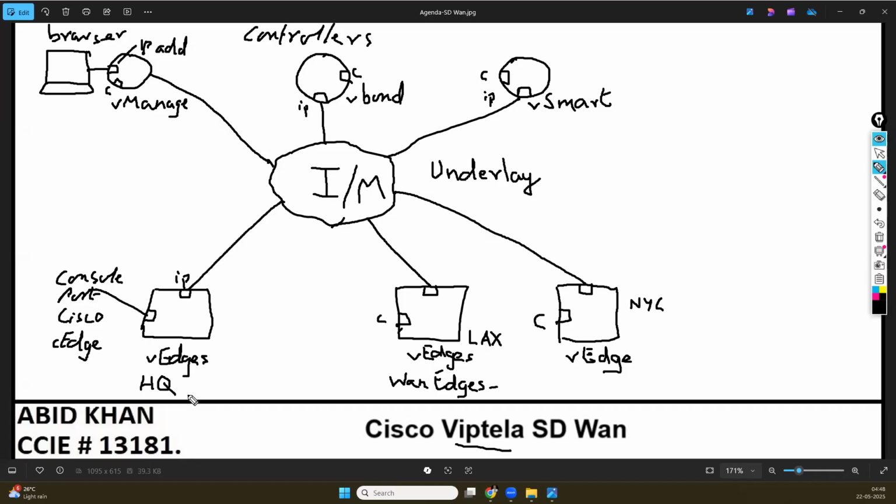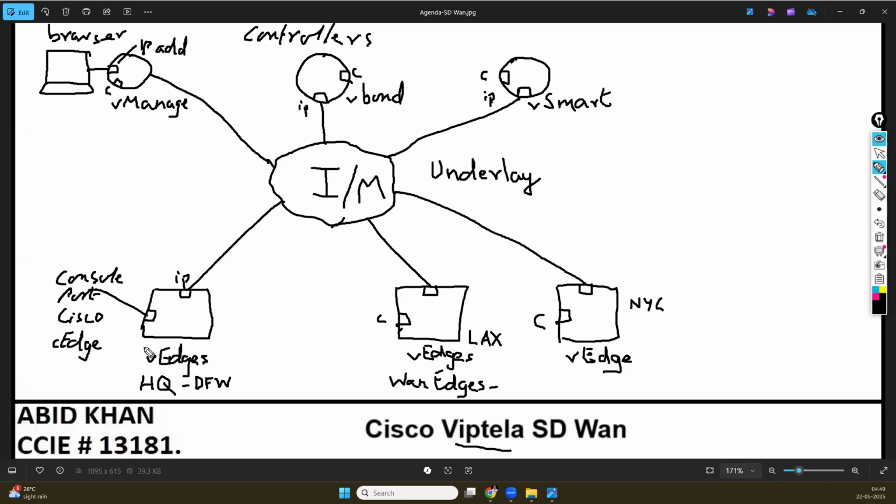Headquarters could be maybe in Dallas, Fort Worth, let's say. They will be in some location.